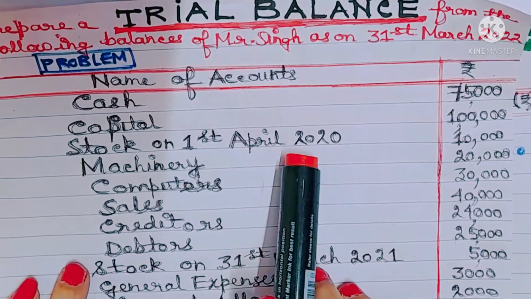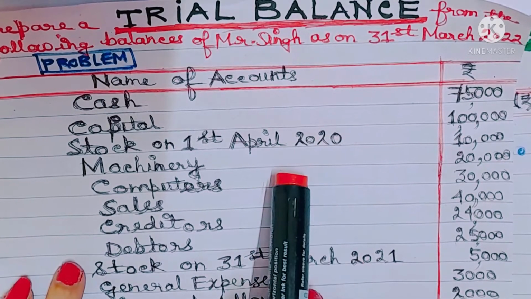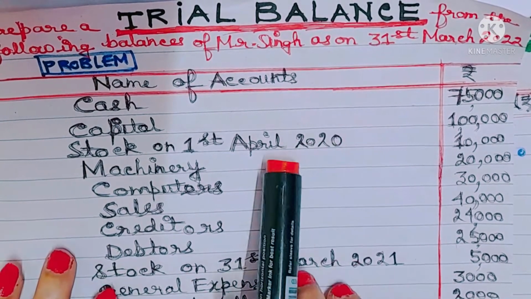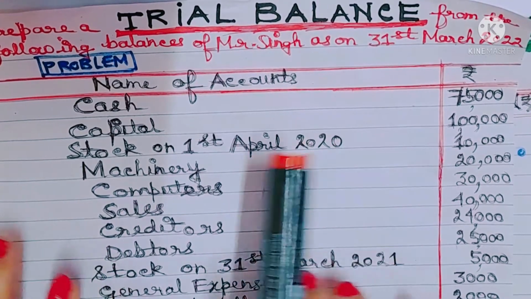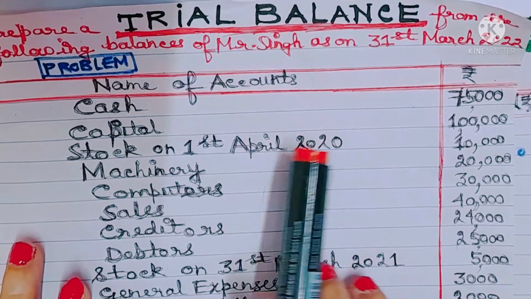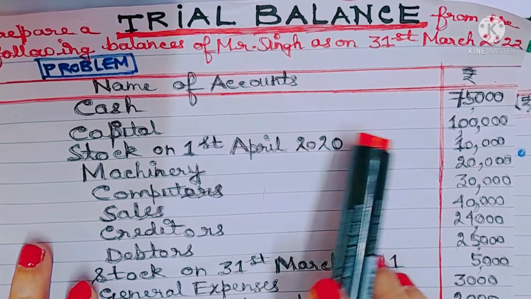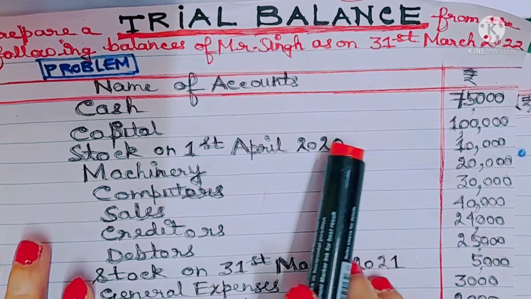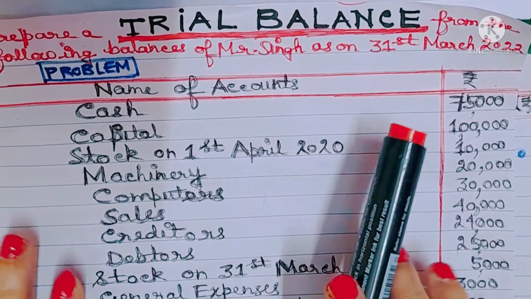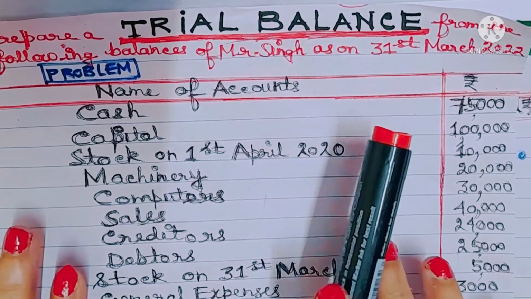So since opening stock is an asset, it will be debited. Understood? So opening stock will be debited in any way. If it falls under nominal account, it will be debited because it is an expense. If it comes under real account, it still will be debited because it comes in as an asset. Understood? So let's see the next account.